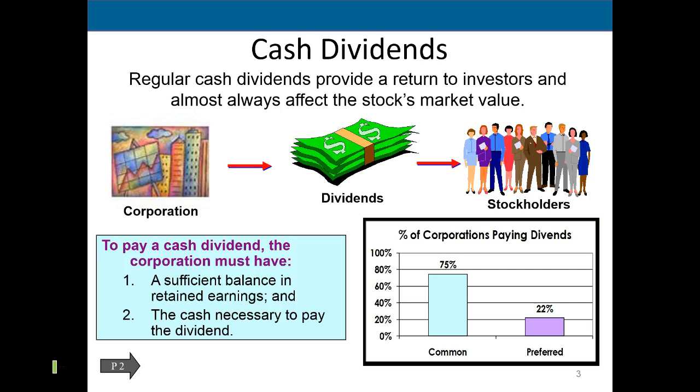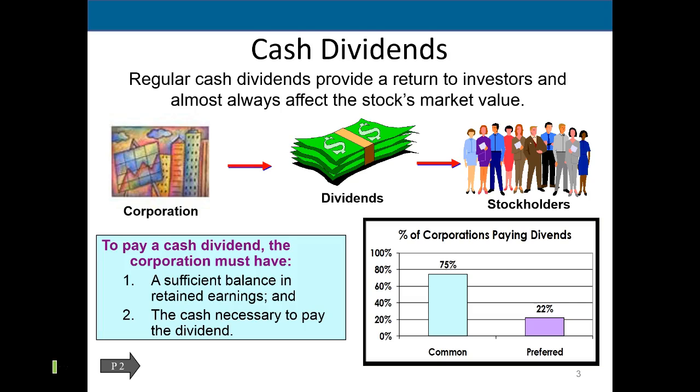So just like in the sole proprietor, when we had the accumulation of money into the capital account, oftentimes the owner could then decide to take the money out in the form of a draw, reducing the amount of capital owed to the owner. In a corporation, we have the retainment of earnings, retained earnings, being similar to the capital account, which is the accumulation of the retained earnings over time.